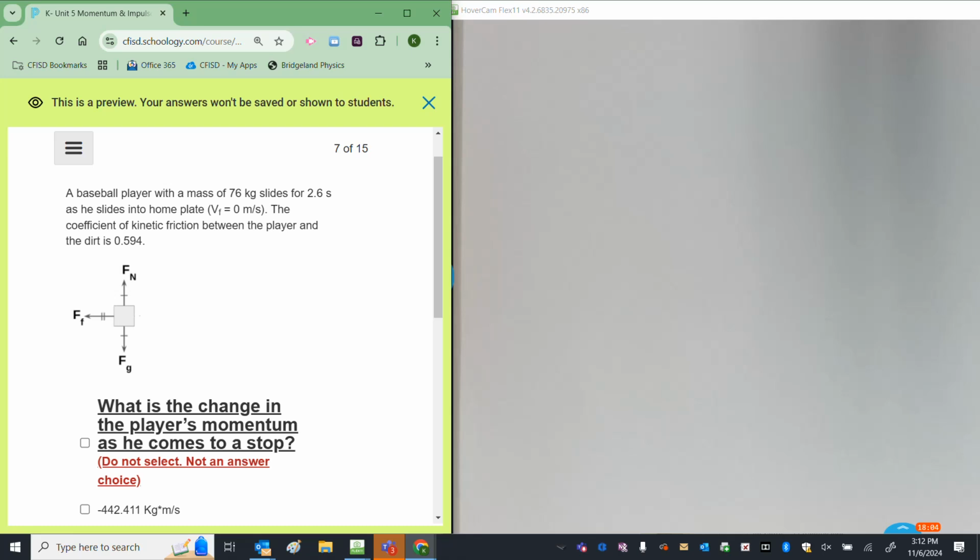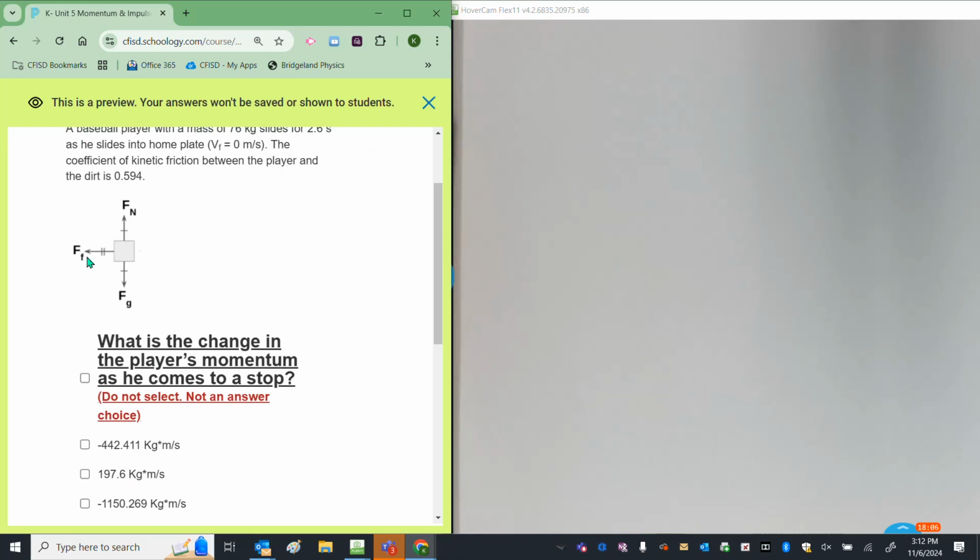It gives us a free body diagram. This particular diagram is actually correct. The ones in the problem set had like different diagrams and you had to say what was wrong with it. But if you have something that is sliding to a stop, whether it is a baseball player, a hockey puck, a guy on a scooter, a book sliding across the floor, whatever, there will be no forward force.